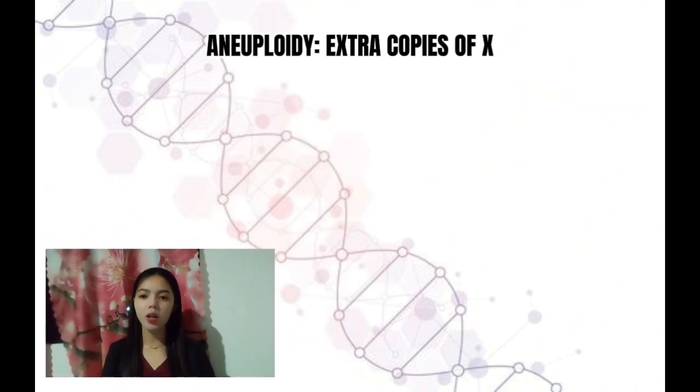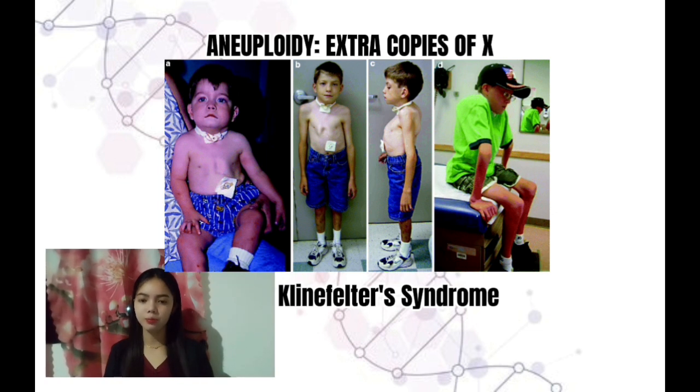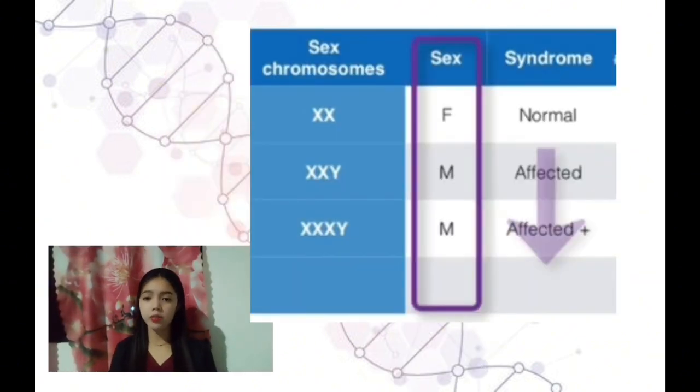Aneuploidy, extra copies of X. Extra copies of X will result in Klinefelter syndrome. The affected male will experience low testosterone levels, underdeveloped muscles, and sparse facial hair. Although the severity of the syndrome increases, the sex is always male.